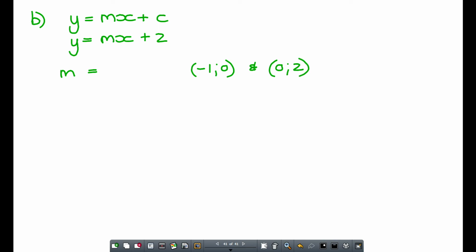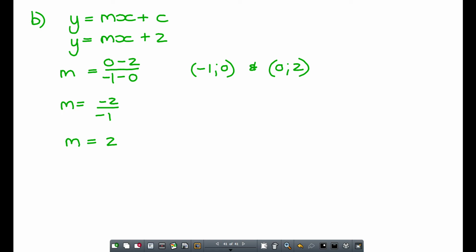Difference in y will be 0 minus 2. Difference in x will be minus 1 minus 0. So it would be minus 2 over minus 1, which means that gradient will be just 2.